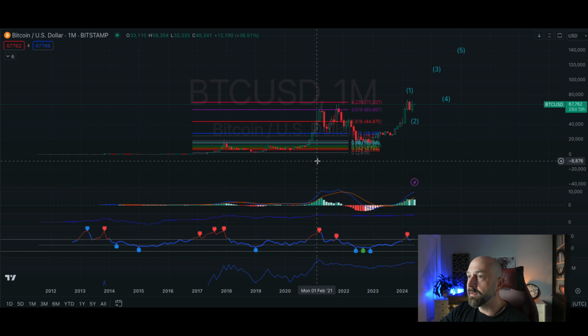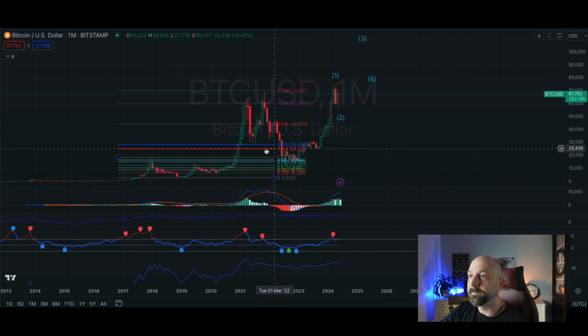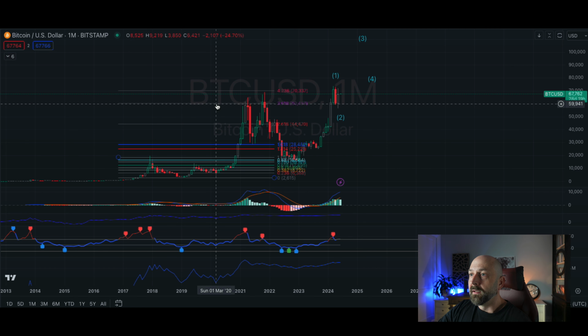Like last cycle we got into this 2.618, 3.618, and then we peaked around this 4.236.